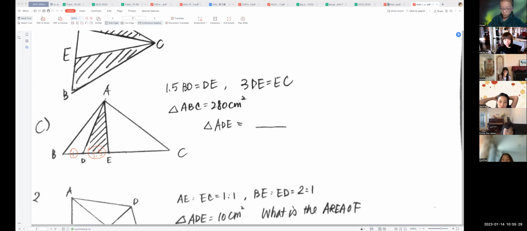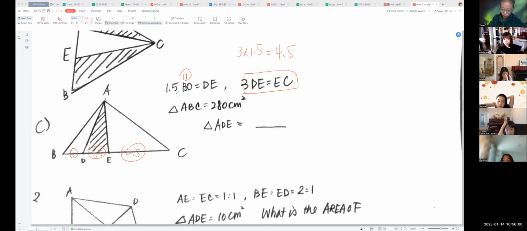Okay, so now let's take a look at this one. 3 DE equals EC. That means if DE is 1 part, then EC is 3 parts. But now DE is 1.5, so EC equals what? 1.5 times 3, which is 4.5. Get it, everybody? I want you to put BD as 1 because BD is the smallest one.